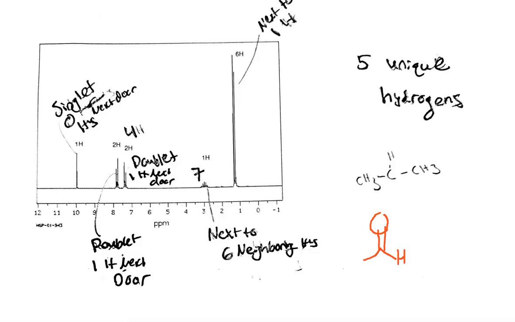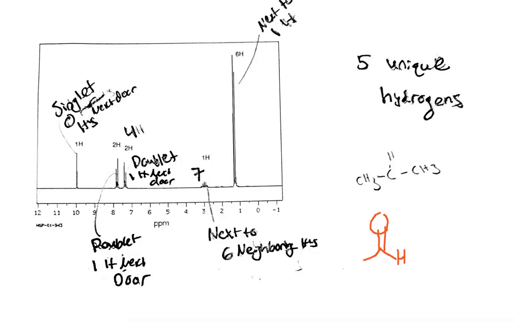These are doublets, meaning they each have one next-door hydrogen. Then you see 7 right around there for one hydrogen here. This means that there's a hydrogen next to 6 neighboring hydrogens.